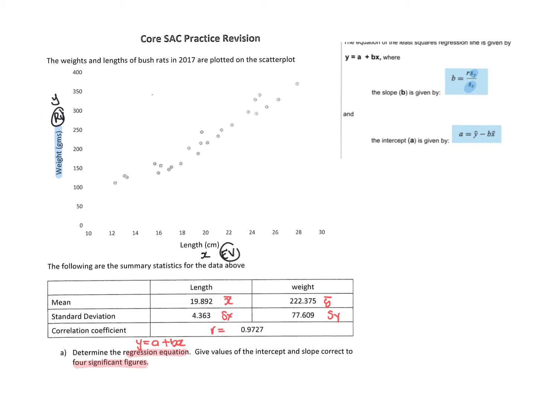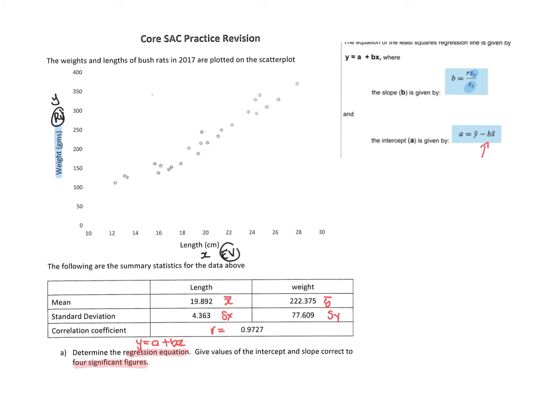So we're going to use these formulas and find out what the B and A values are. You have to find B first, because if you look in the A formula, B is used. So back to this part, we now know those numbers.